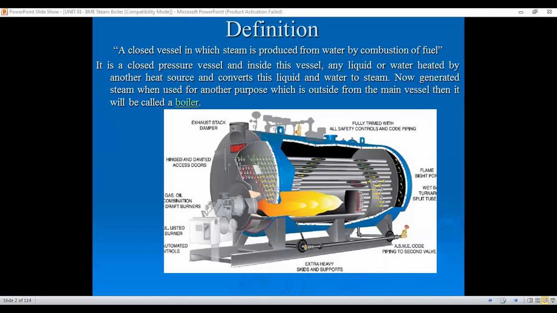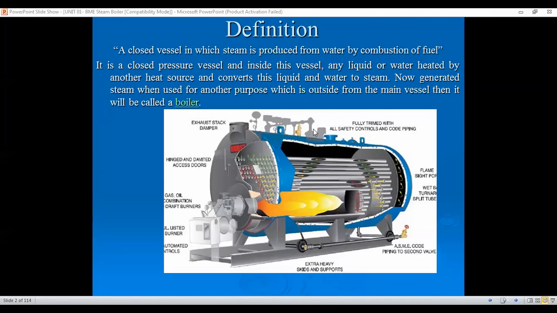We can use coal as a fuel for the boiler, and we fire up the coal and generate the steam with the help of the boiler.